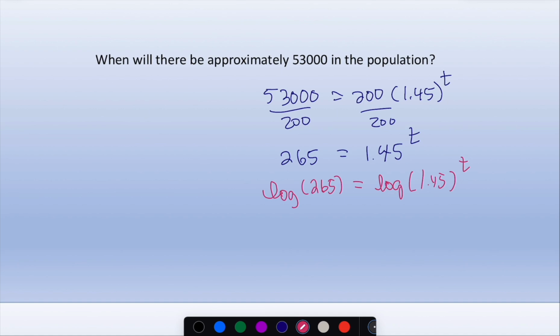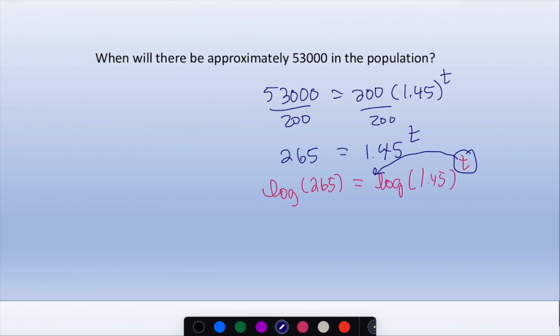And all you have to do now, it's just a rule for logarithms that the t can drop down in front. I'm going to make a formula for you in a second here. And we get that the log of 265 equals t times the log of 1.45.